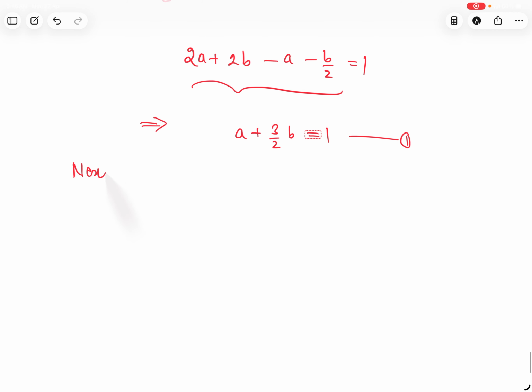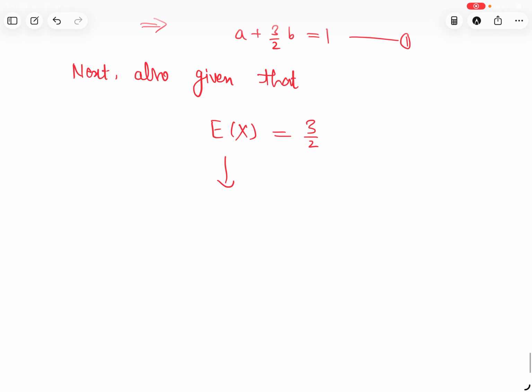Next, it is also given that the expectation of X is equal to 3 by 2. So what is the formula for expectation?